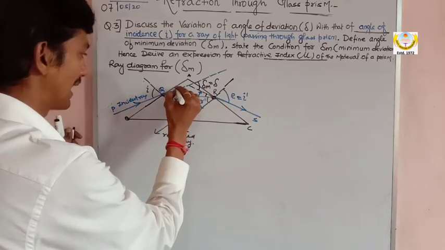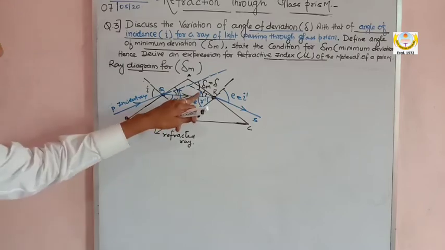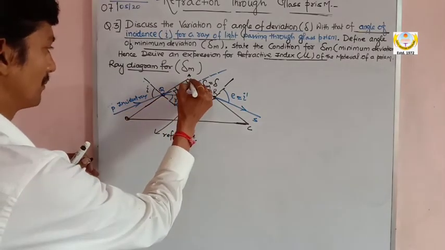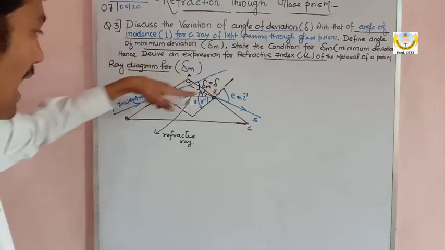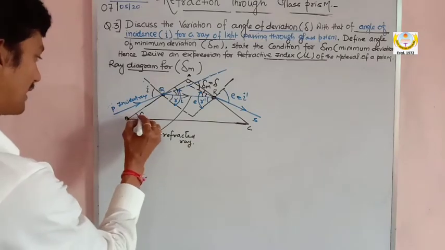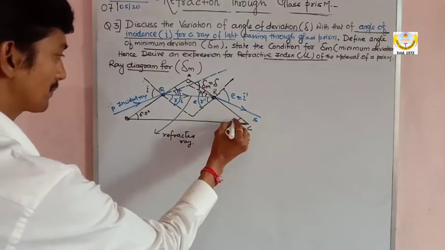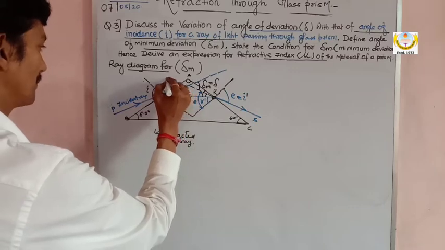So what will happen? This angle and this angle, that is this 60, 60 and this is 60. If you can see the two triangles, AQR and ABC, all angles are 60 degrees. So even this becomes 60 degrees, my dear.